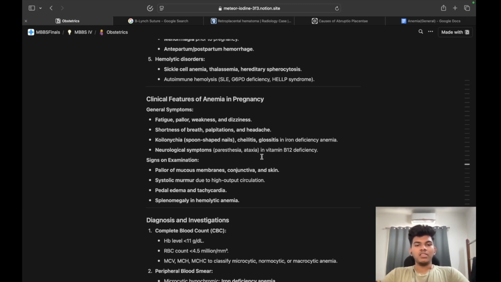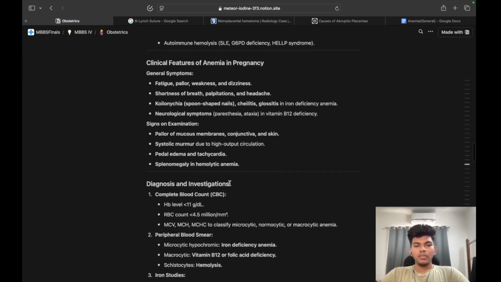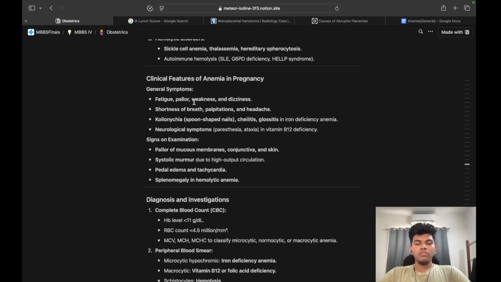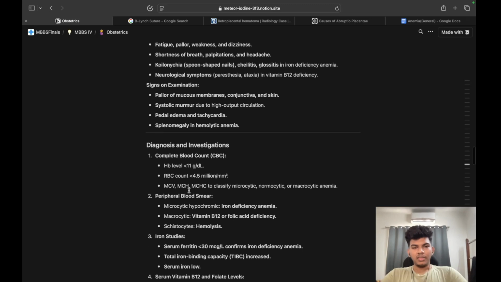Neurological symptoms: paresthesia, ataxia in vitamin B12 deficiency. Signs include pallor of mucous membranes, conjunctiva, skin, systolic murmur due to high output circulation, pedal edema, tachycardia, splenomegaly. All of these we know. I am not delving into this much further because this is very simple.